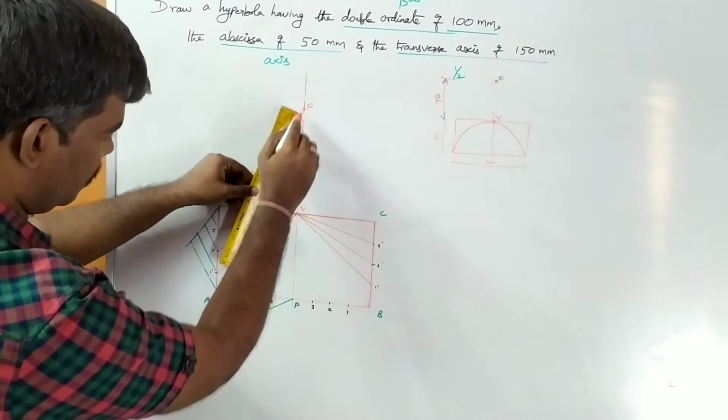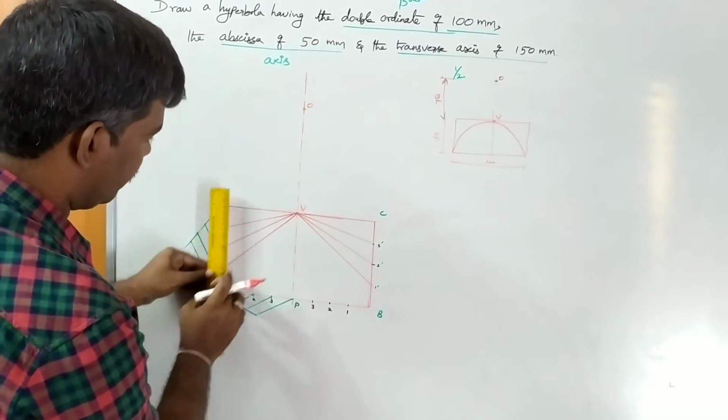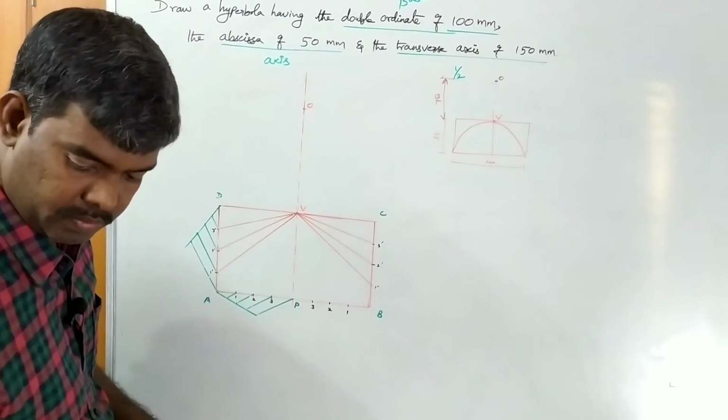Clear? Here to here you join it approximately like this. Clear?